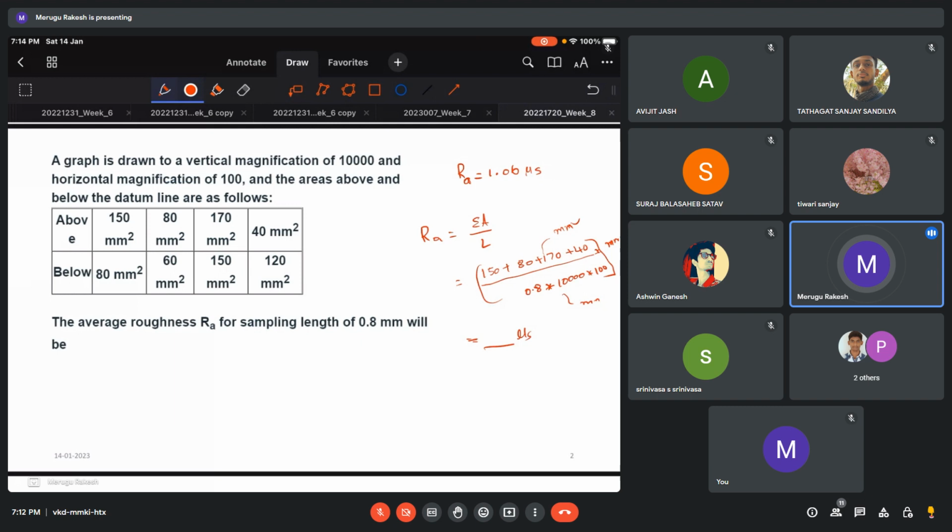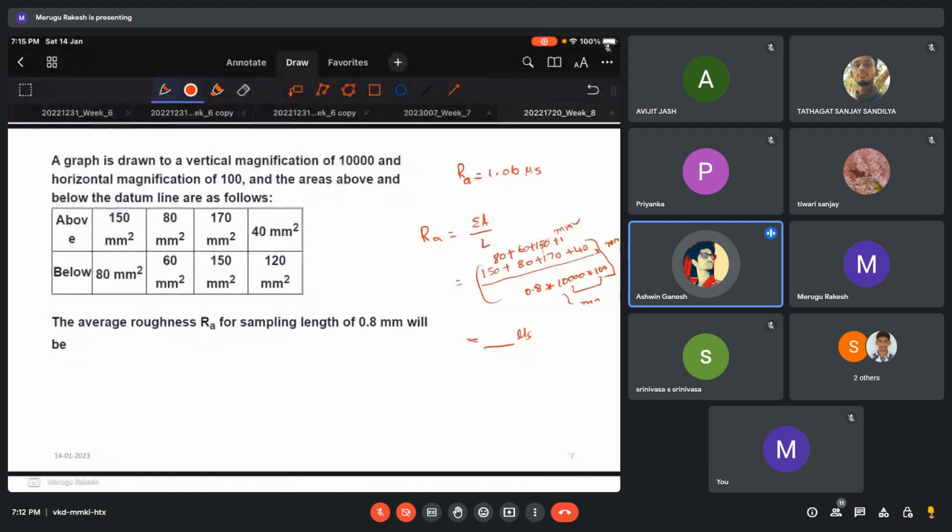Sir, where does the magnification come in? We have to sum all the areas, right? Not only the top areas, all the areas. Sir, can you kindly repeat the magnification part? You have to divide by the magnification area, the vertical as well as horizontal, and keep them in the denominator in order to avoid the magnification effect.